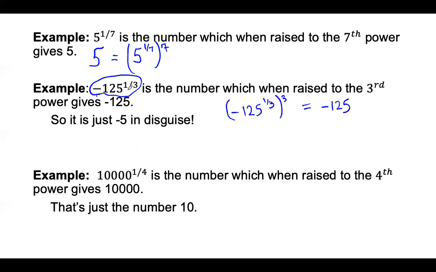So, so this part, when it's raised to the 3rd power. So what about this, -125? I think someone said it correctly, 5. I didn't ask that part, I asked when it's raised to the power 3. So which is the number?